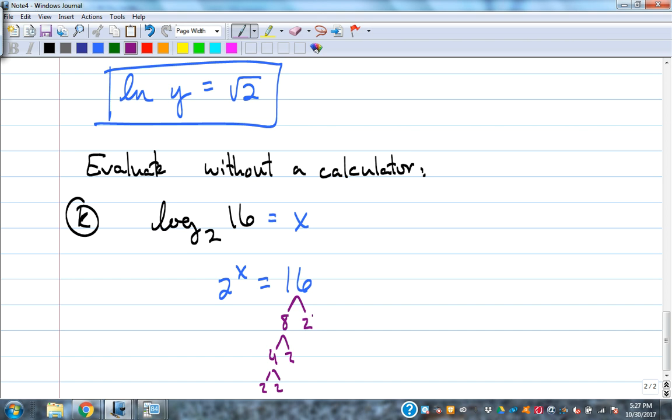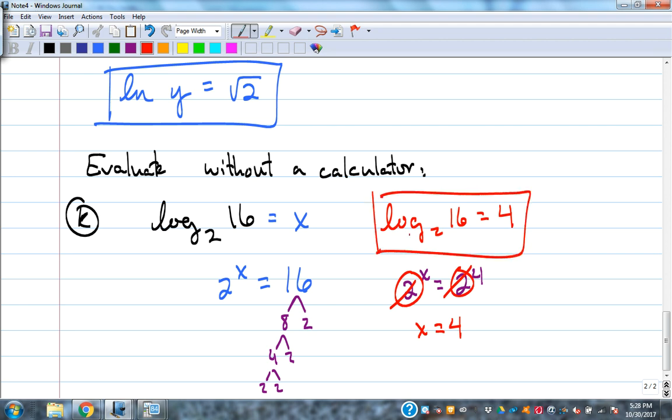So that would be 2 to the 4th. So we get this equation, 2 to the x equals 2 to the 4th. And that allows us to say, oh, the bases are the same, drop them, x equals 4. So that means log base 2 of 16 is equal to 4. That's doing it without a calculator, and that's what we're trying to think about doing here.